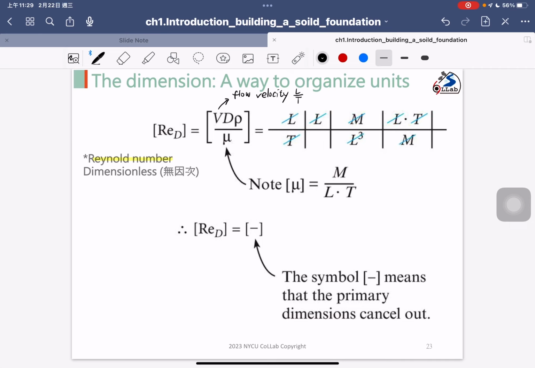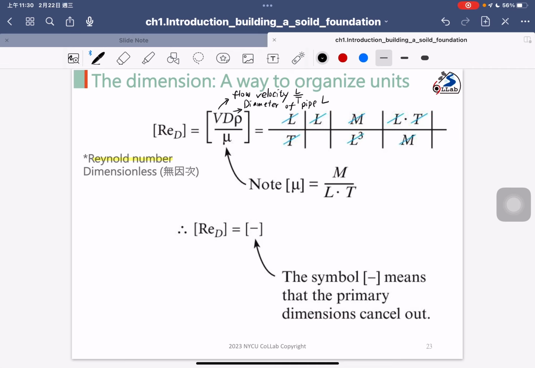Okay? And the D in here, what's the D? D is the diameter of the pipe. That indicates the flow in the pipe. So you can see what the dimension is. The dimension is L, right?